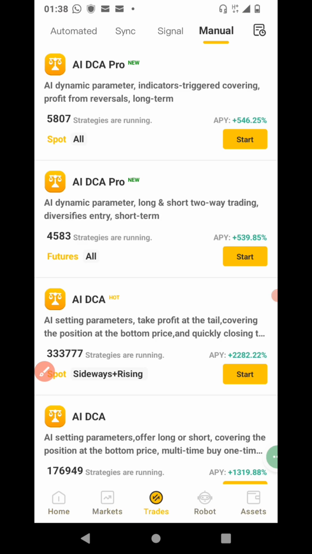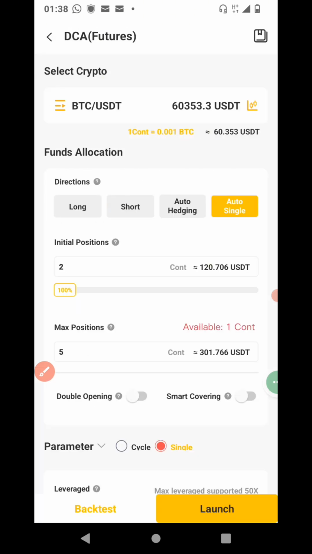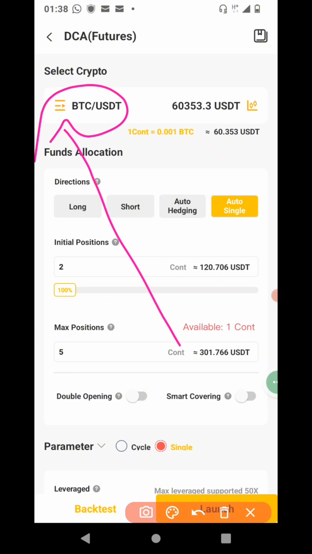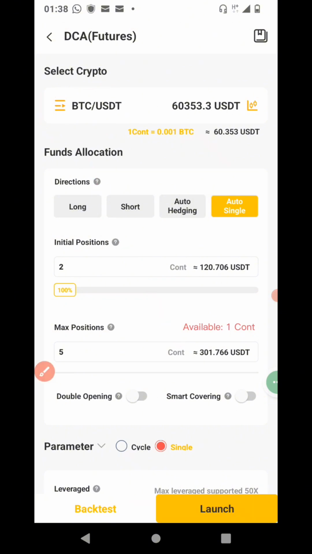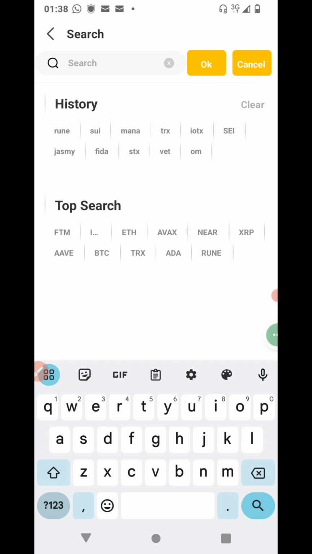Trades, we're already on manual. Scroll all the way to the bottom. DCA futures sideways. You want to click on start. Now when it opens like this, by default you have BTC there. Click on those 3 lines and select the coin you want to trade.